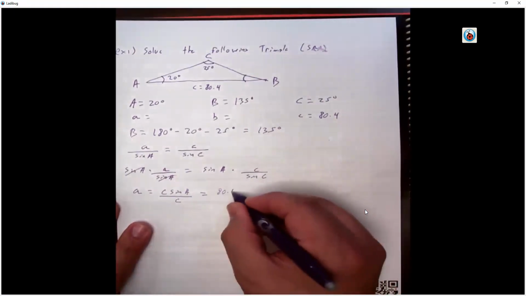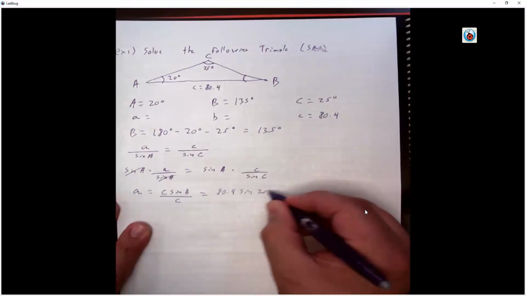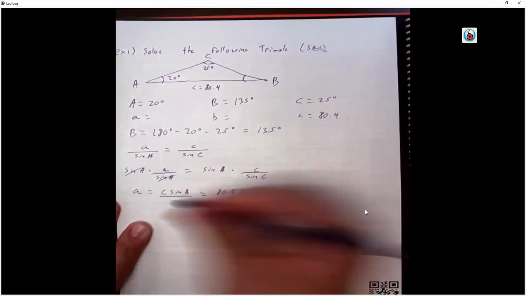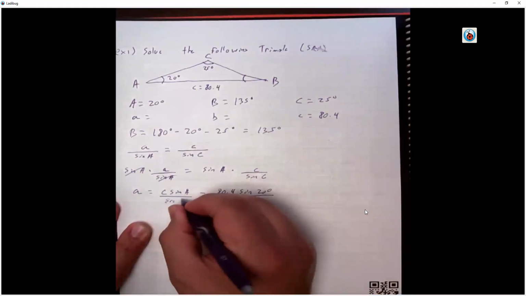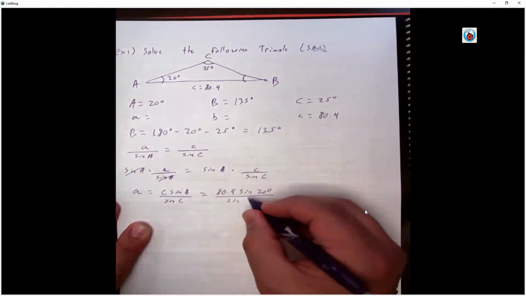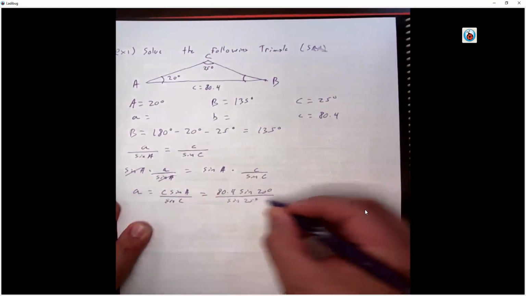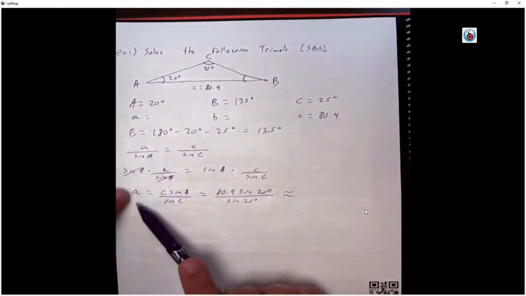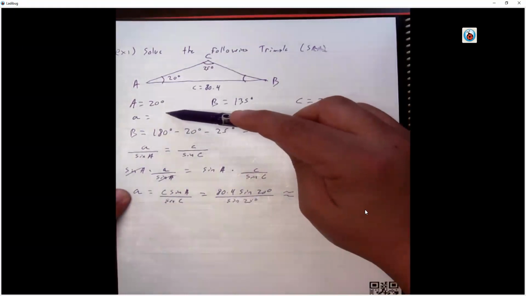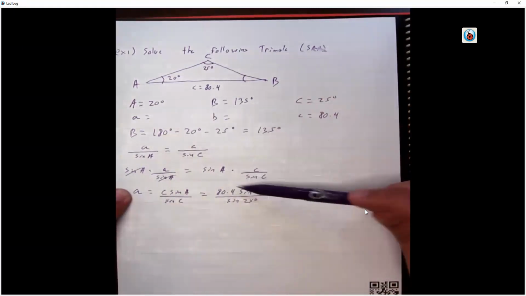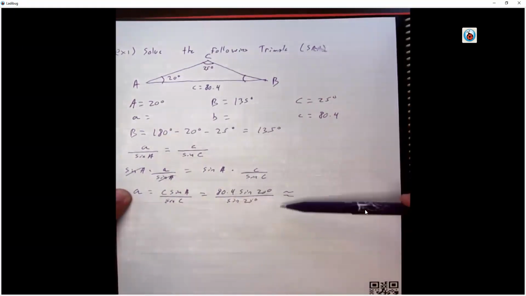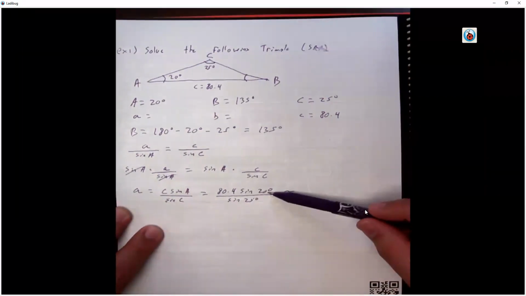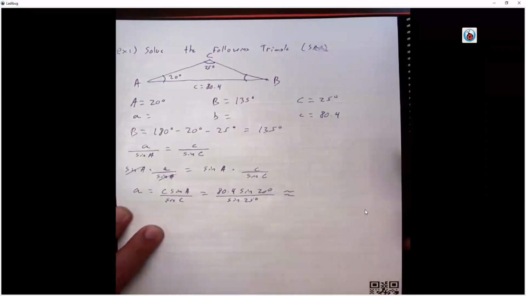So 80.4 sine 20 over sine C down here. Okay, so we isolated little a so we can find it, obviously. Plugged in all the angles and the side. 25 right here, this is 20, this is 25.